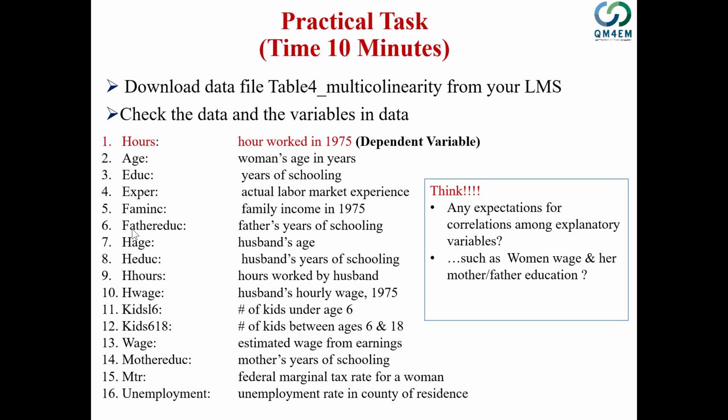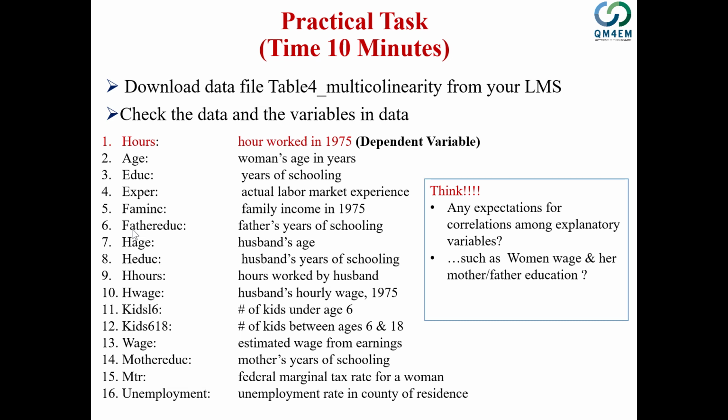Well, to me, it may be, it may not be. But if you think a bit longer, then you can think that, okay, if a father is educated and if a mother is educated, most probably the woman would be educated as well. And if a father is more educated and a mother is more educated, most probably the female, the daughter, would be more educated as well.